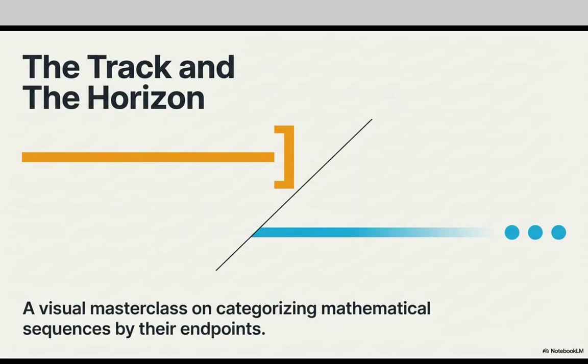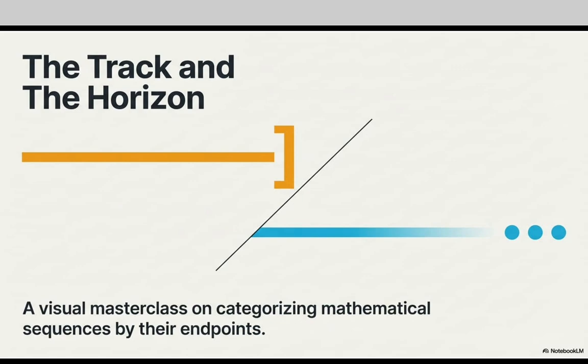And today we are going to talk about the track and the horizon. Yes, don't worry, these are just some names to make the lesson more practical. So a visual masterclass of categorizing mathematical sequences by their end point.